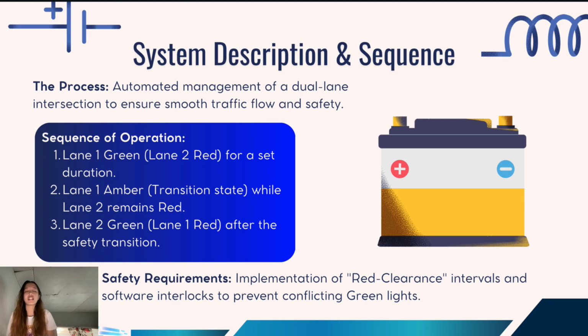Once the transition is complete, lane 2 turns green while lane 1 turns red, allowing traffic to flow in the opposite direction. For safety, the system includes red clearance intervals and software interlocks. This prevents both lanes from having green lights at the same time, reducing the risk of accident.